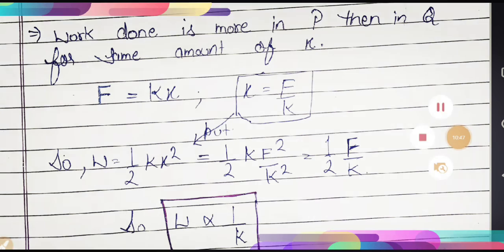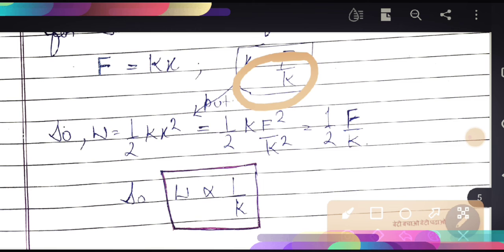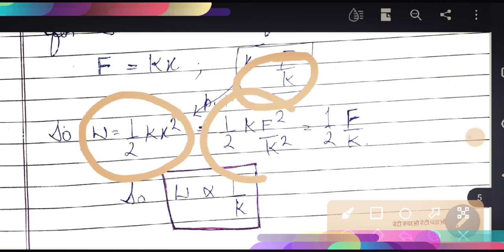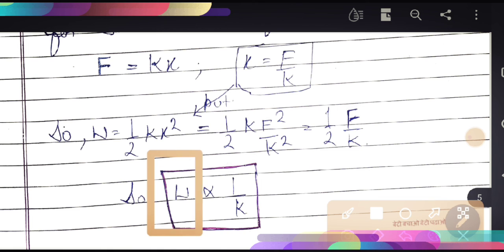If we deduce the value of x in terms of F by k and put it in the expression of work done, W is equal to half kx square, we get half k F square by k square, which comes out to be half Fx. Guys, from here we can see that for the same force the work is inversely proportional to the spring constant.